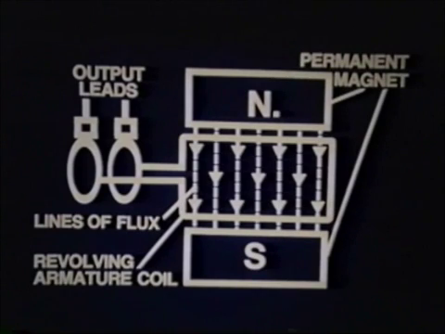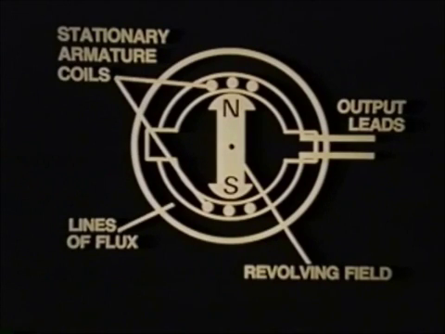The revolving armature alternator has a stationary field and an AC voltage is induced in the revolving armature winding. AC power is supplied to a load by way of brushes and slip rings. In the revolving field alternator, the armature winding is held stationary while the field is rotated and power supplied directly from leads from an armature winding.